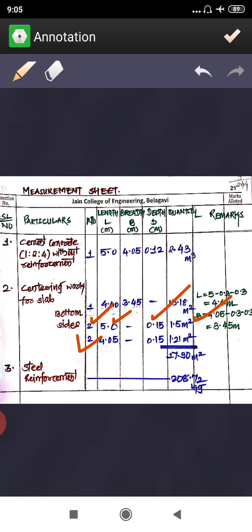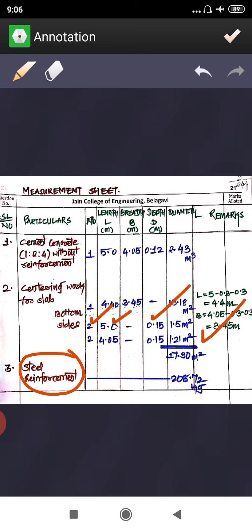Similarly for the shorter span sides, you have two sides, 2 into 4.05 into 0.15, so you are going to have 1.21 meter square. So altogether the formwork we are having here is 17.90 meter square.